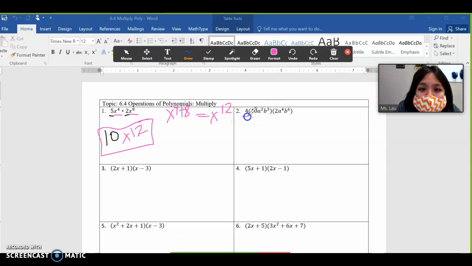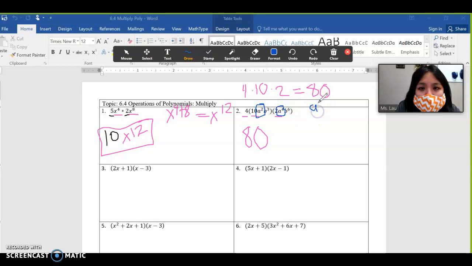Number 2, we're going to do it again, but now we have 3 numbers that we're going to multiply together. So that's 4 times 10 times 2. 4 times 10 is 40. 40 times 2 is 80. Then a squared times a to the 4th.